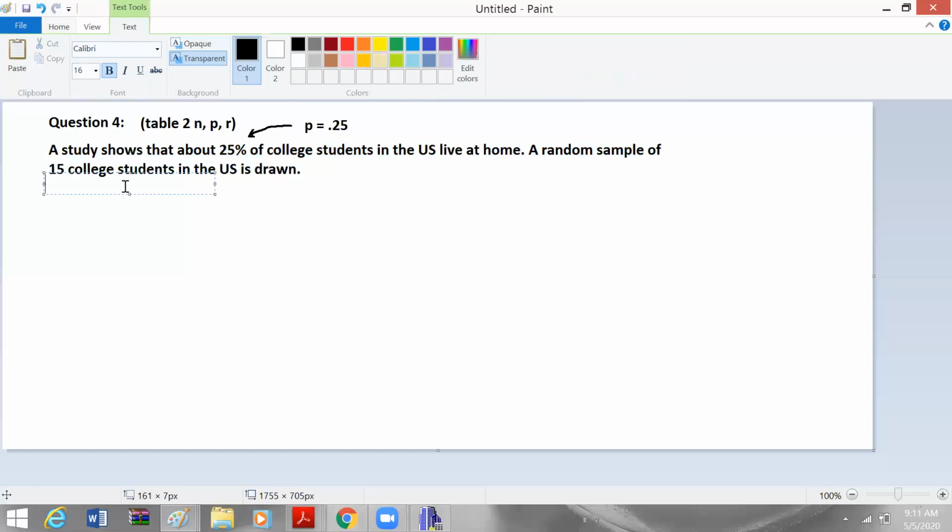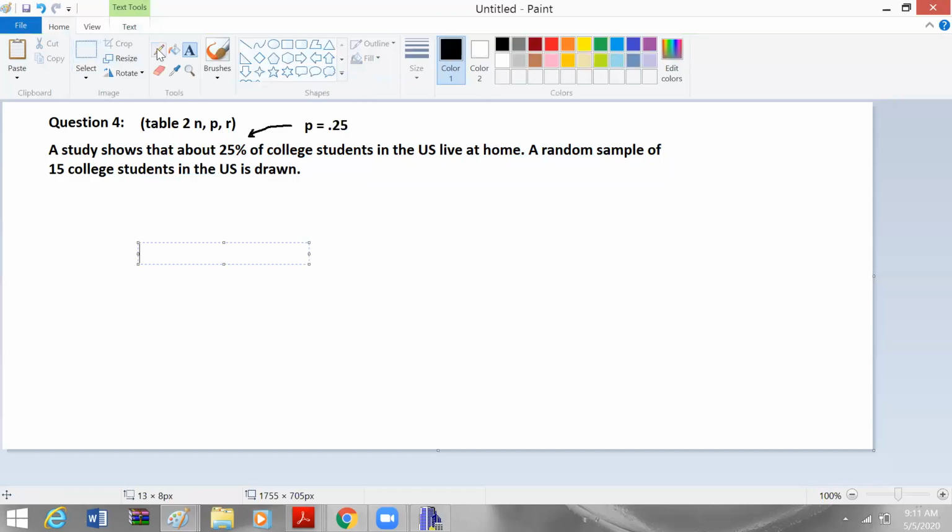The n will be equal to 15, as we can tell. So this is the n.